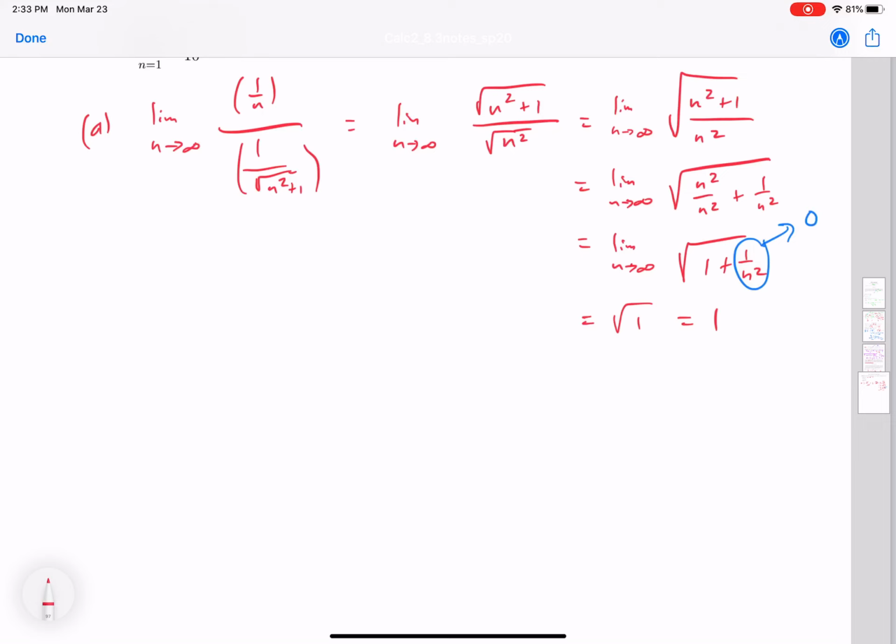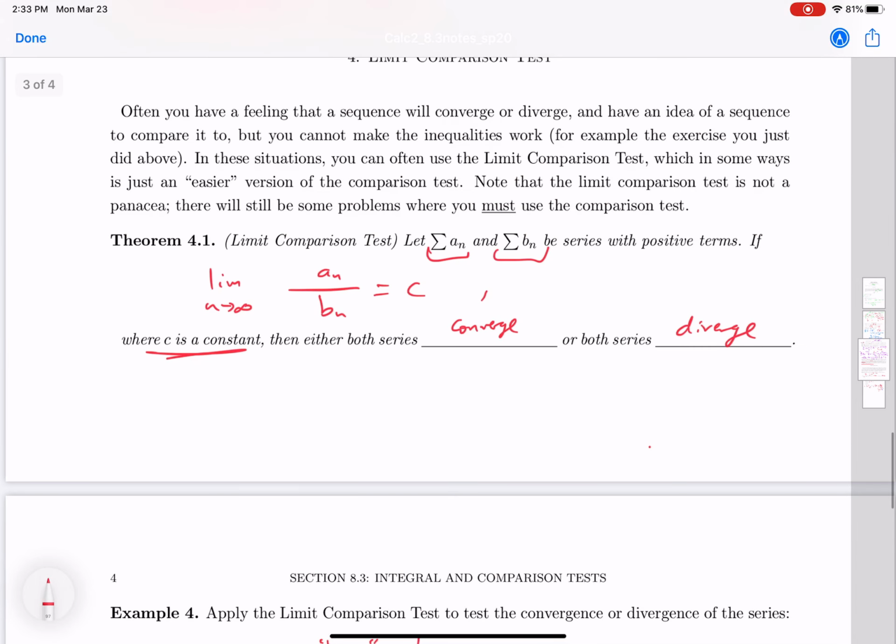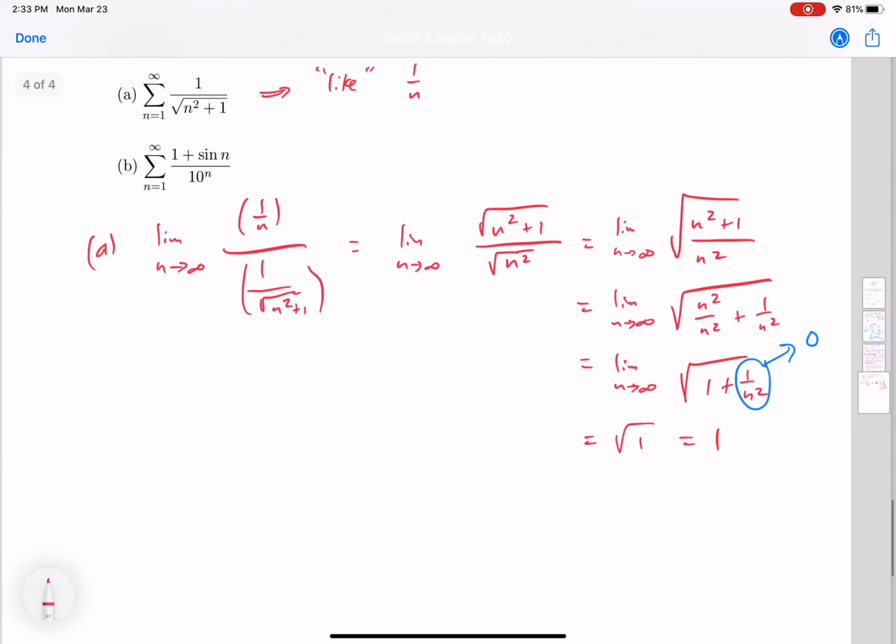I think actually I need to check my information, but I feel like this constant C should be a constant not equal to 0. Yep. Sorry, I forgot something in here. C is a constant, and we have to have C not equal to 0. That's very important. So this 1 is a non-zero constant.